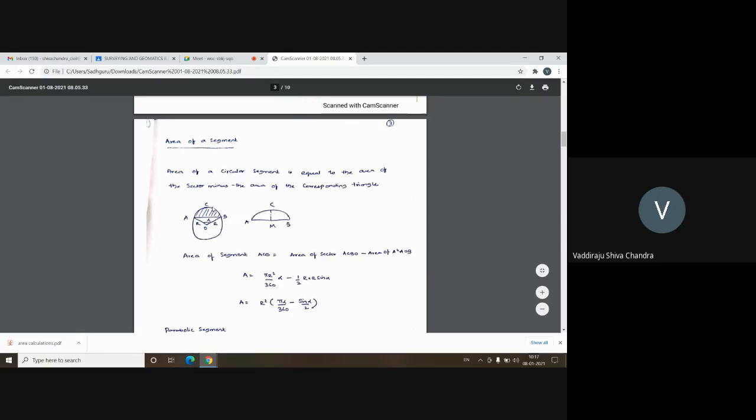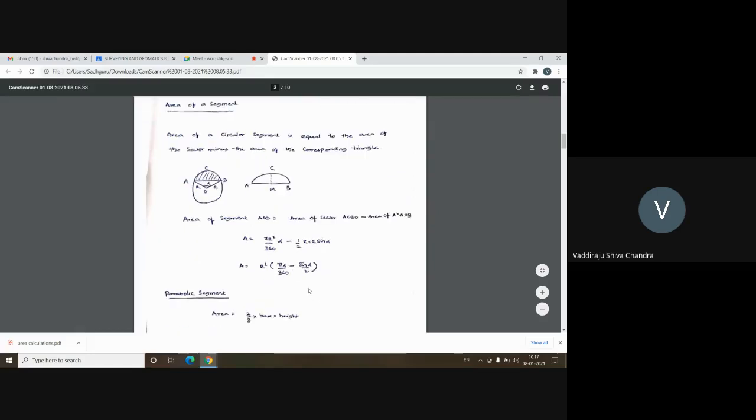So the area of segment ACB is equal to the area of sector ACBO minus the area of triangle AOB. The area of sector ACBO is pi r square by 360 into alpha, the angle, minus the area of triangle AOB, where two sides are given as R and R, so 1 by 2 into R into R into sine alpha. So A is equal to R square into (pi alpha by 360 minus sine alpha by 2).